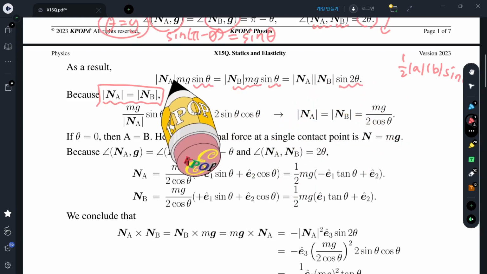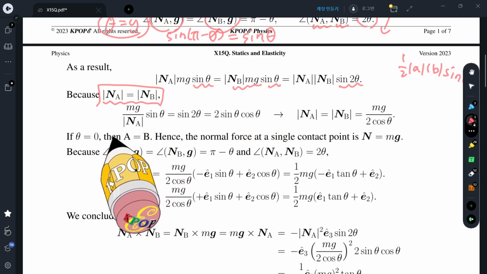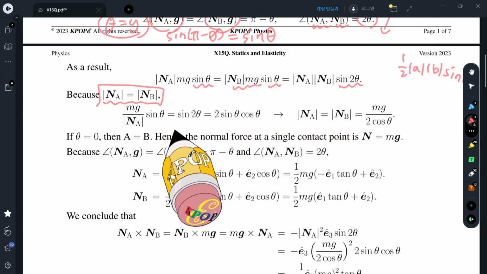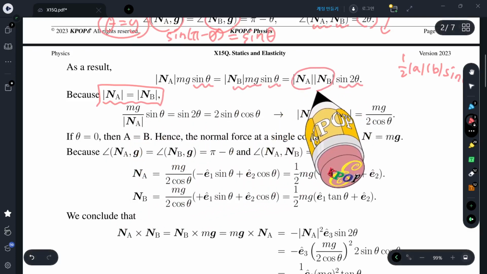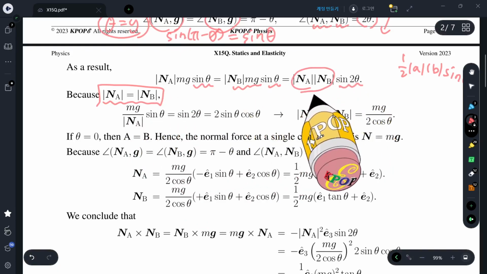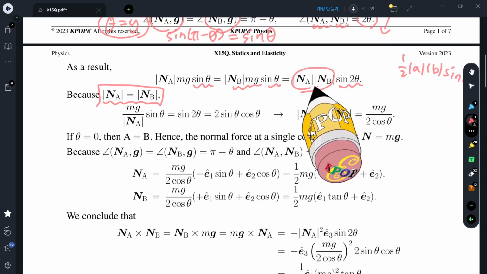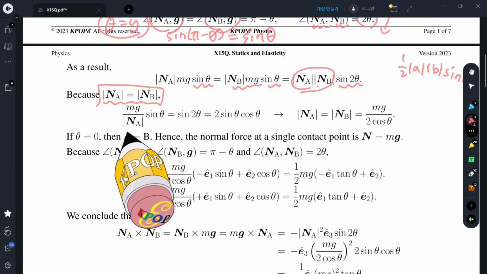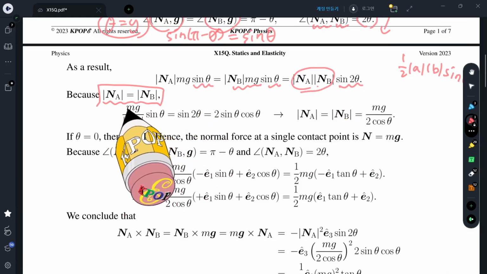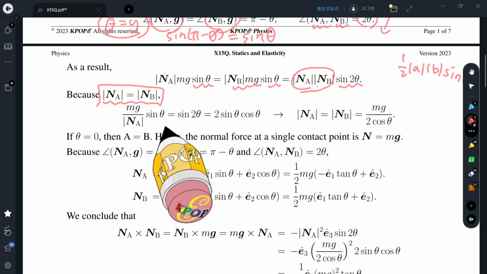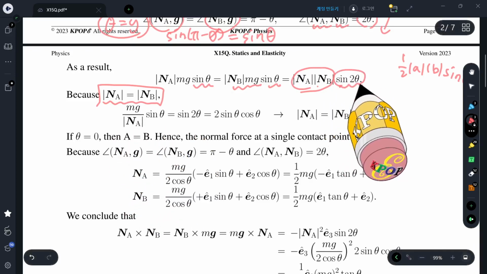So if I divide them, then divide this expression by NA and NB, what I obtain is mg sine theta over NA equals sine 2 theta.